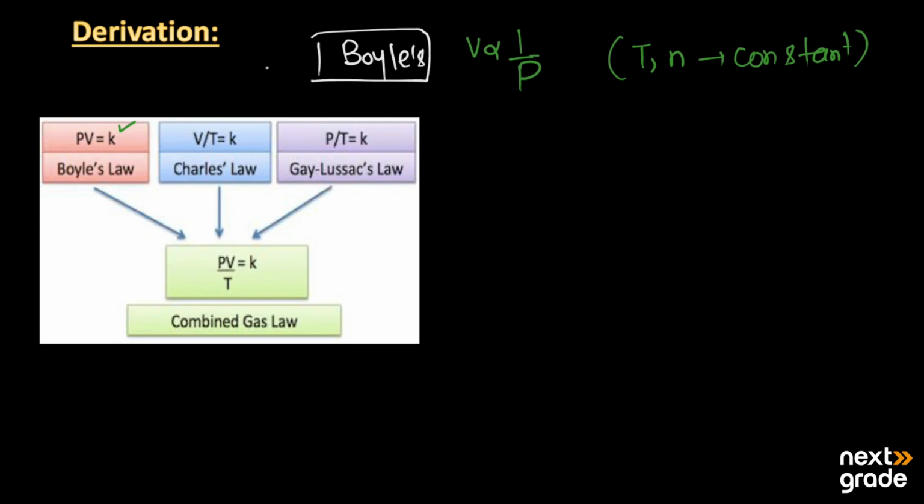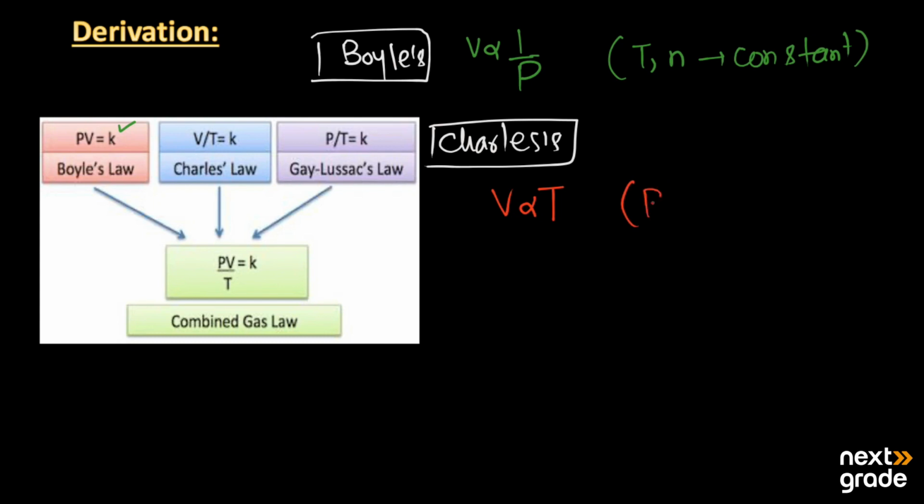After that, Charles' law explained that the volume is directly proportional to the temperature, and here we have to keep the pressure and the number of moles constant. This is the second one. So V over T is a constant value.